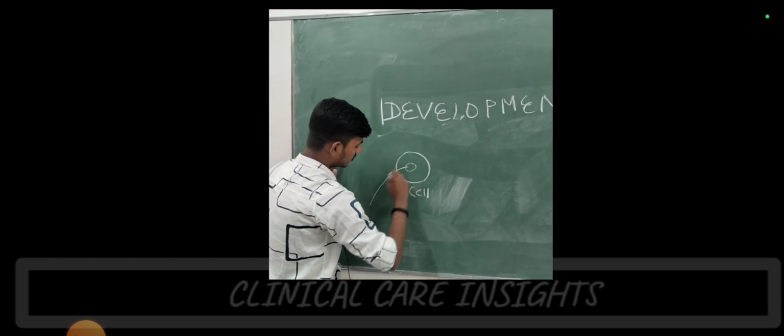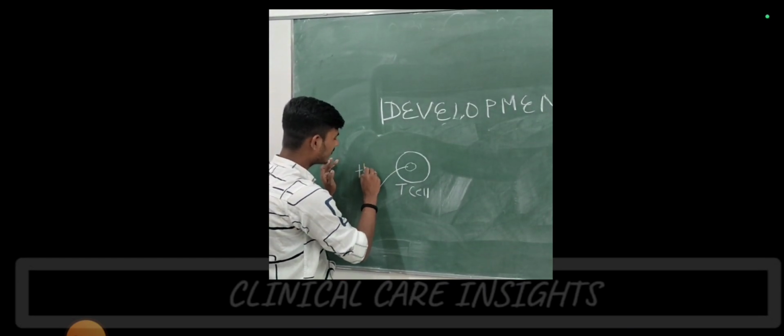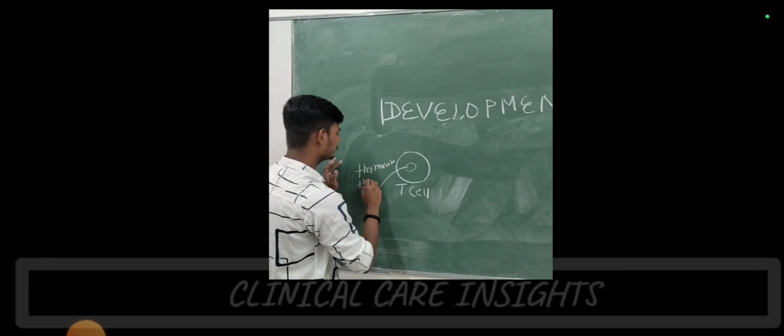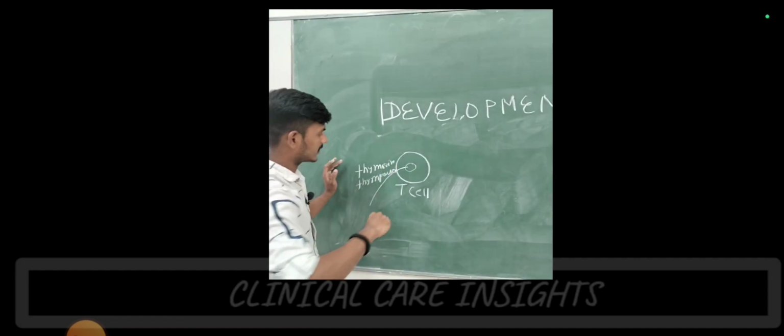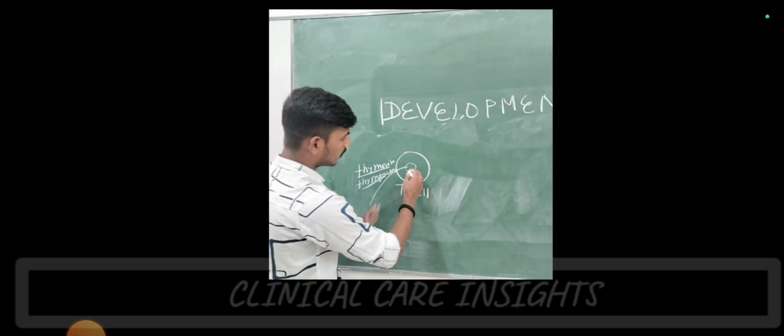So what happened under the effect of 2 hormones? First one is called thymosin and thymopoietin. There are others also, but they are not more relevant, so I am not discussing. Just taking these 2, thymosin and thymopoietin, they work on the nucleus.